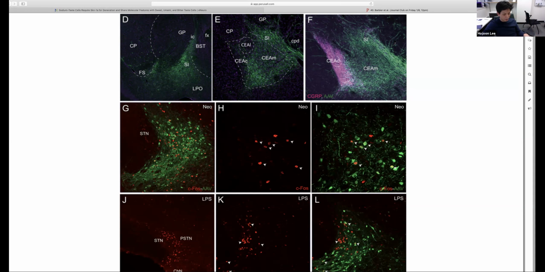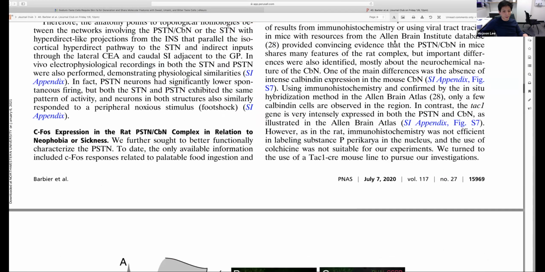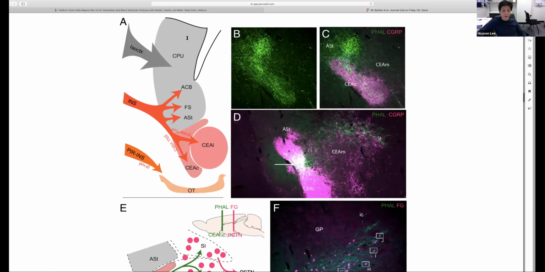In 2, let me go back. So here, A to D is injecting in the insula and then looking locally in the central amygdala. Right? So all these green projections are coming from the insula.